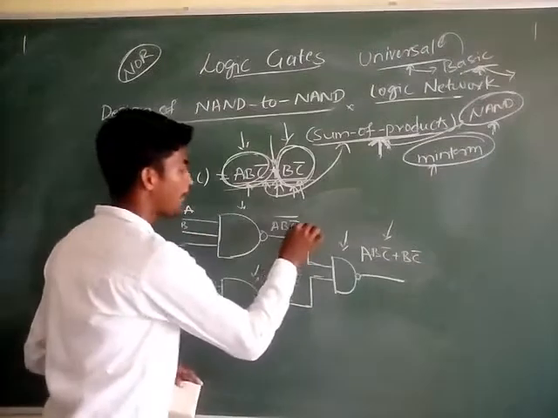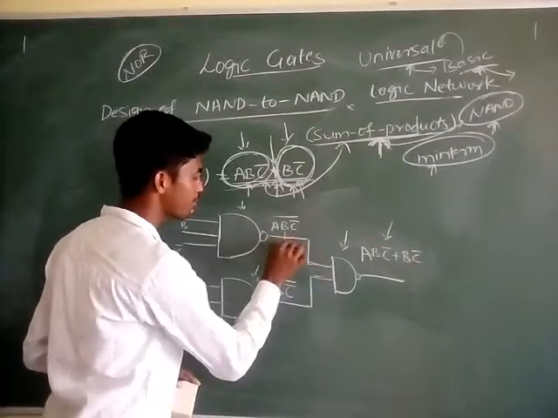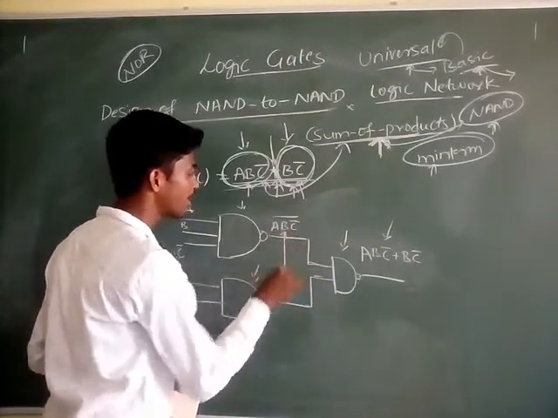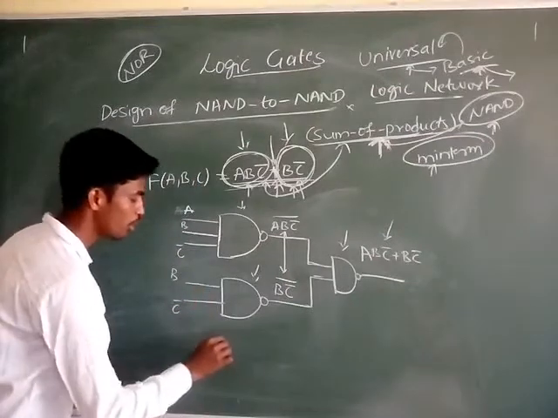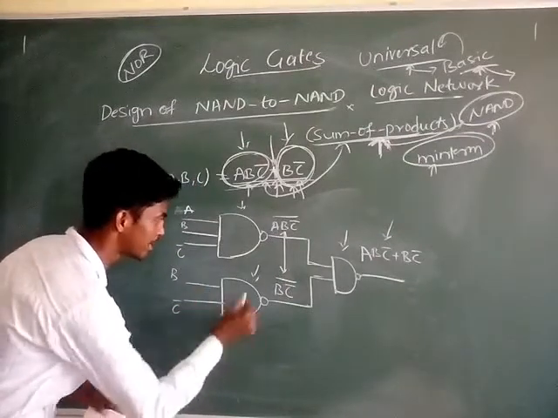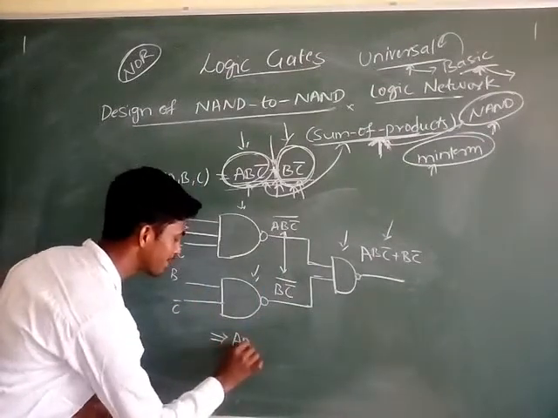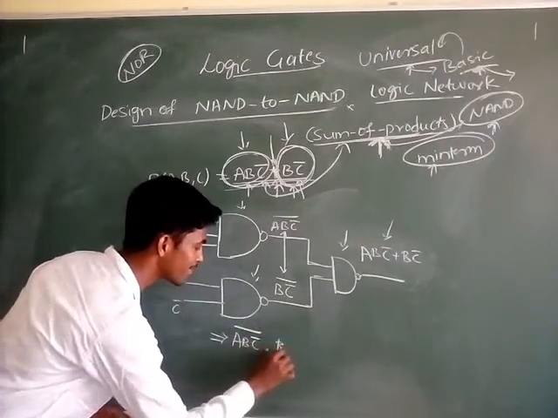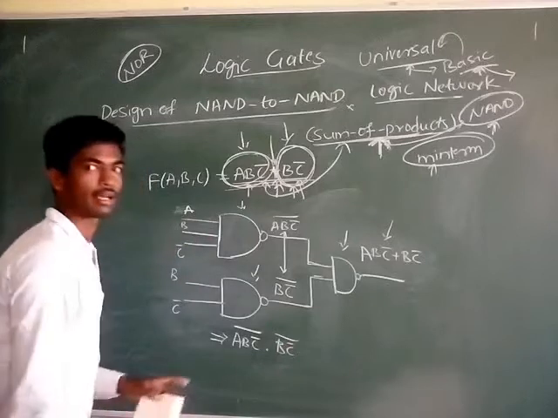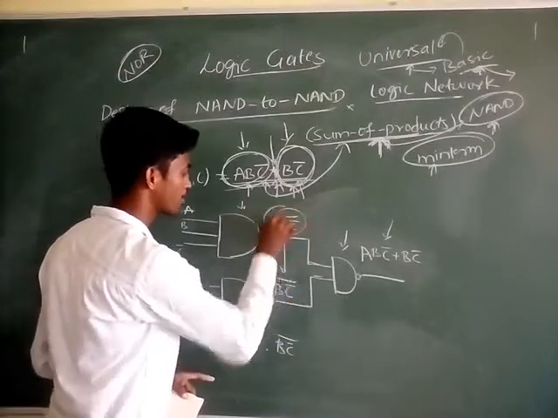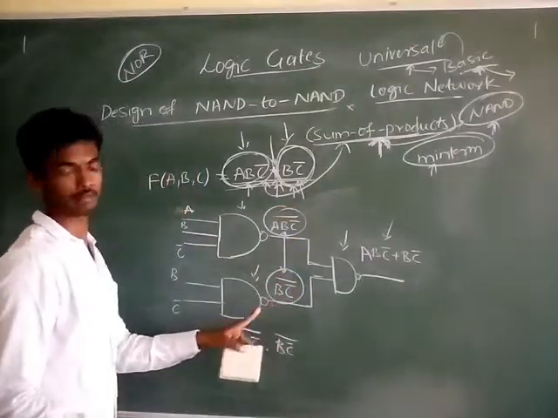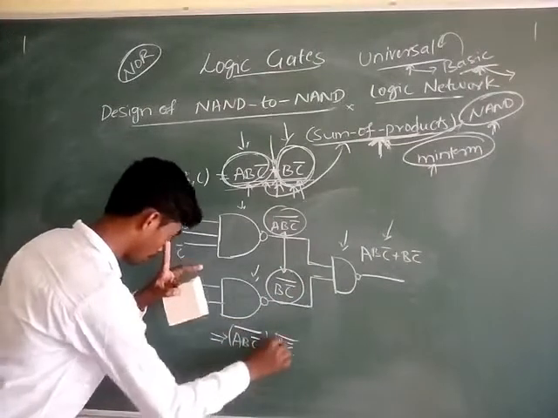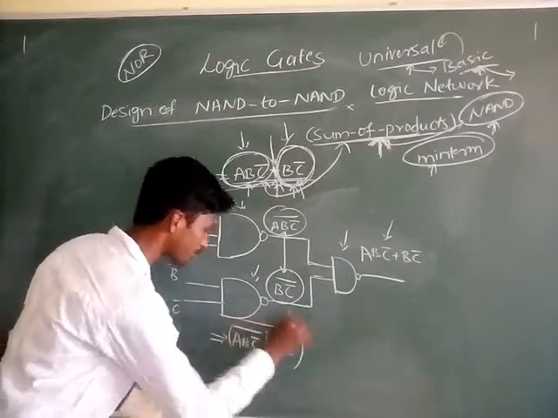Applying the NAND operation for these two, we will get here, observe it clearly, A, B, C complement, whole complement into B C complement, whole complement. Applying the NAND gate for these two product terms, we will get this one, whole complement.